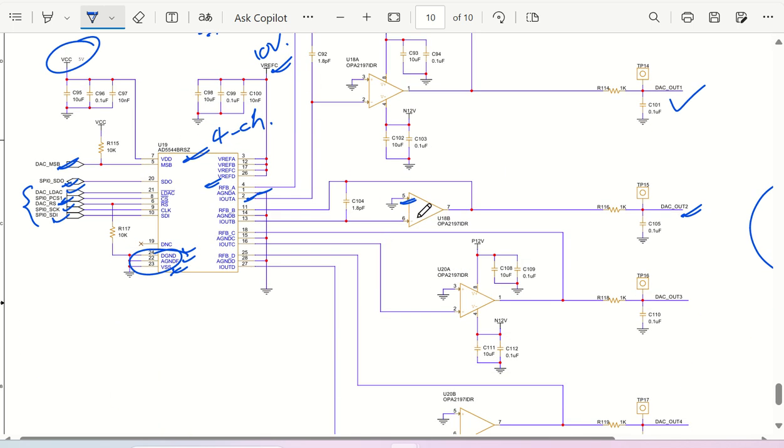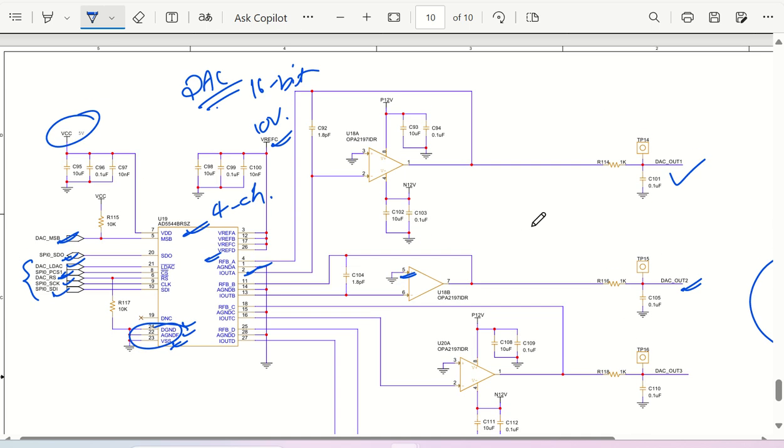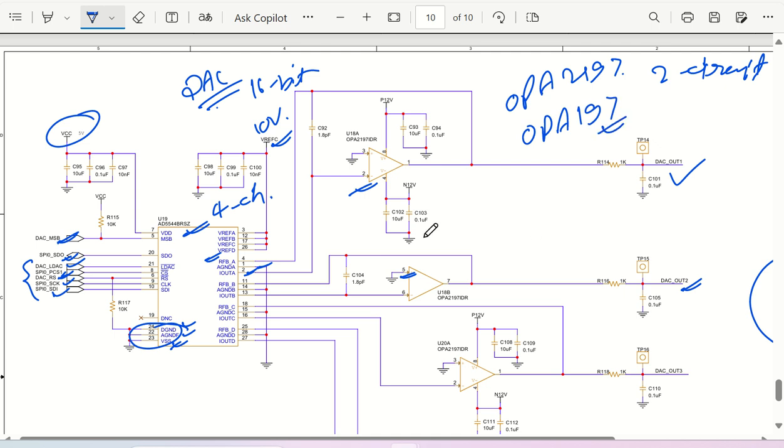And the best part is, if you want, you can utilize single op amps instead of using the OPA2197, which is a 2 circuit device. Okay. It is always recommended to use a one circuit device. So you can use the OPA197. So single op amps will be used here also, here also, here also.